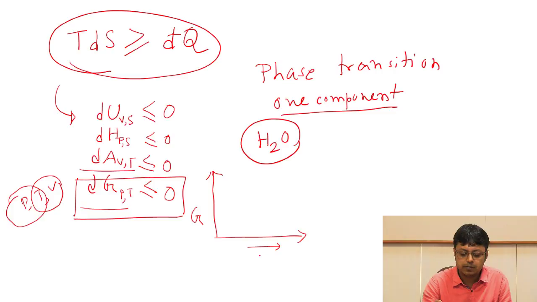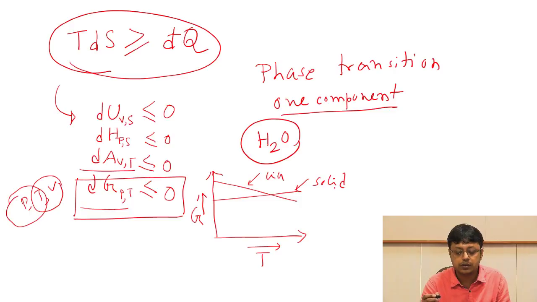this is the pressure curve, and we could discuss the temperature curve also like this. And then remember that we said that the curves will look like this, and suppose this is the curve for a liquid and this is the curve for a solid. Then if you have a liquid to solid transition, the curve will first change like this, and then eventually it will change much more slowly.